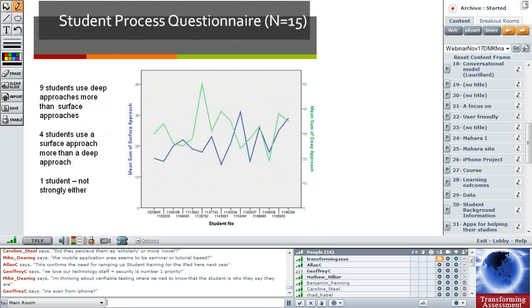We also did some analysis, and this is the preliminary part of the data. Unfortunately, our data sample is very, very small. So we were looking at students' approaches to learning, and we used the SPQ, which has been developed to look at the surface learning and deep learning strategies.